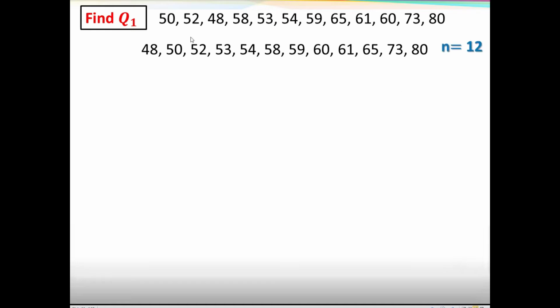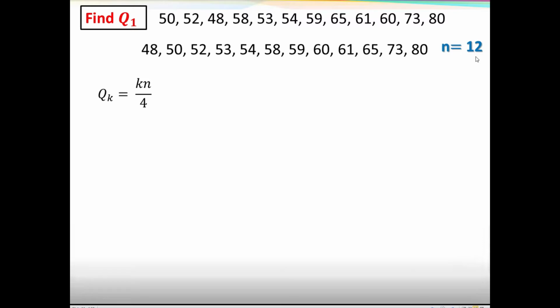We are looking for Q sub 1. Therefore, we need to use the formula Q sub k equals k times n over 4. In our formula, k will be replaced by 1, the subscript of the indicated measure of position, and n will be replaced by 12.